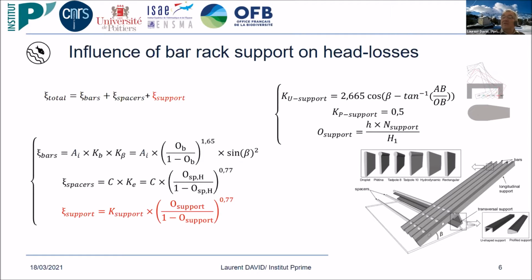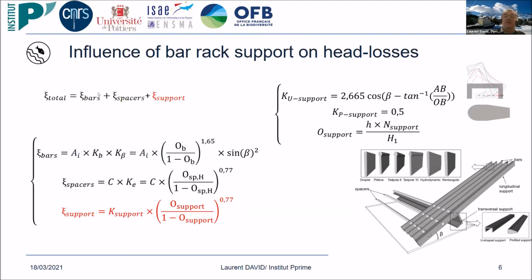The worst is the U shape, I think it's the worst thing to implement in this case, and the other is a more profiled support, which stays horizontal and can also be put downstream to maintain the bar rack.